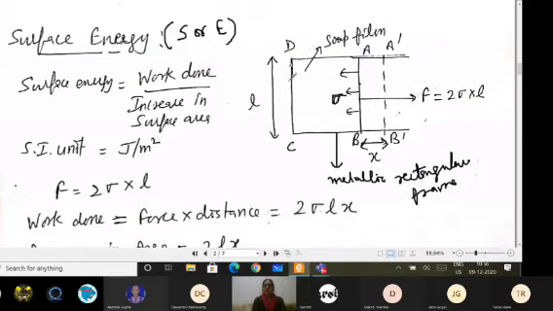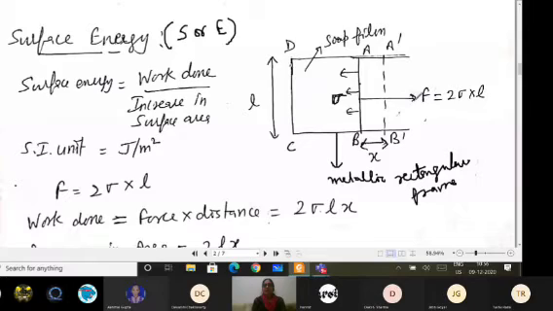See, the length of this frame is L, and one side is movable. So when we dip it into the soap solution, this side AB by itself moves a distance x and takes the position A dash B dash, because some force is acting on it.